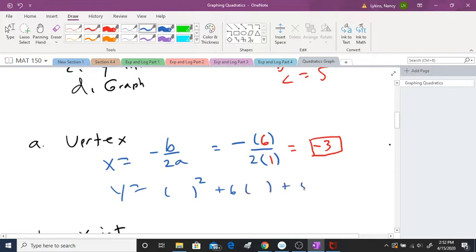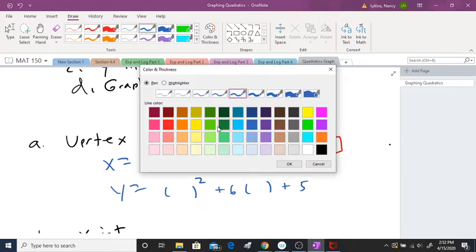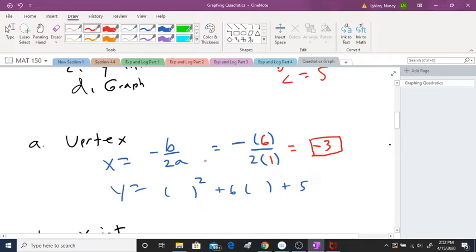So all I'm doing now is I'm putting in parentheses where the x's are. And then I'm substituting the negative 3 because that's what we found x to be.